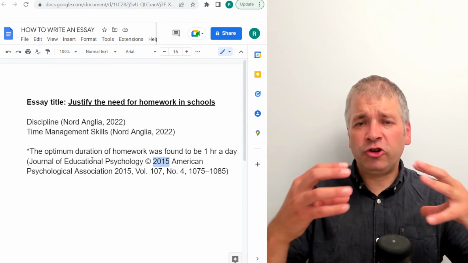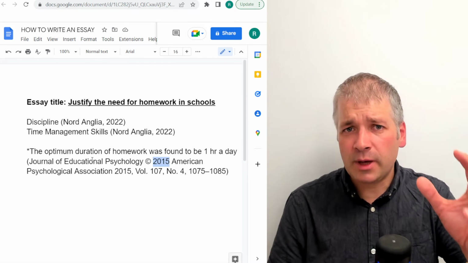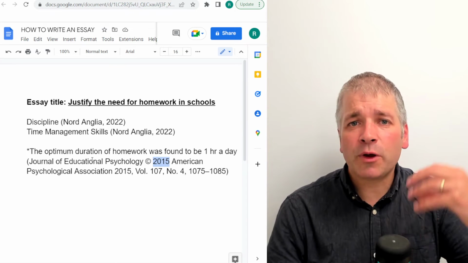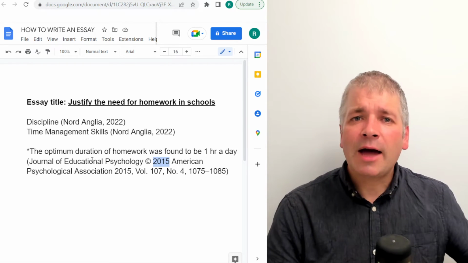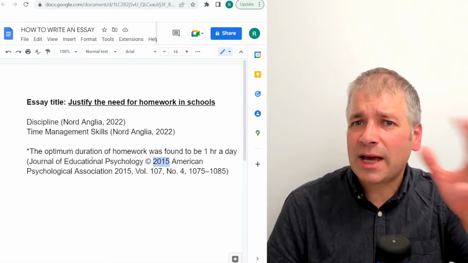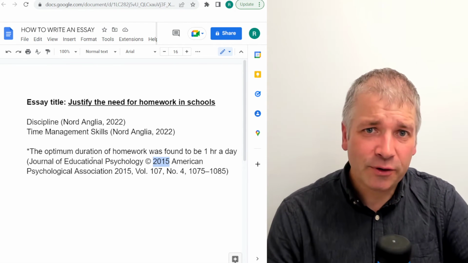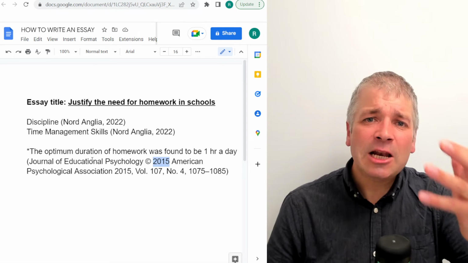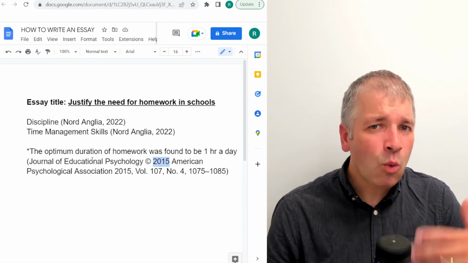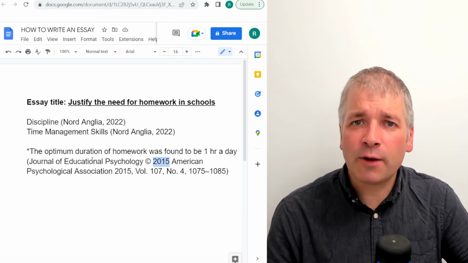And eventually what you should come up with is subgroups. Maybe if you're writing an essay that's for and against, you'll come up with a few groups that are for, and you might come up with 1 or 2 groups that are against. If you're not writing a for and against essay, it's slightly different. You need to find a logical process. With most essay types, there's normally more than one way of organising your information.